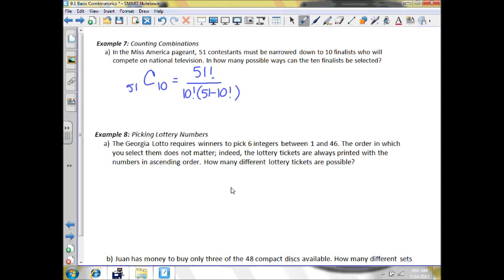That's really going to be 12,777,711,870 ways to select that number.